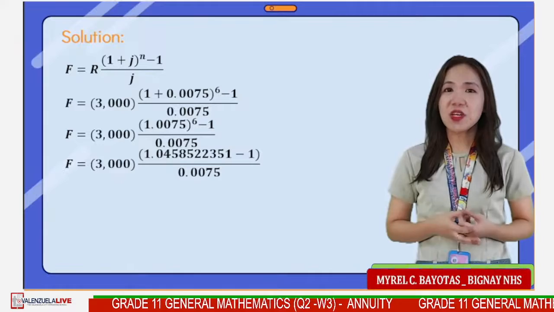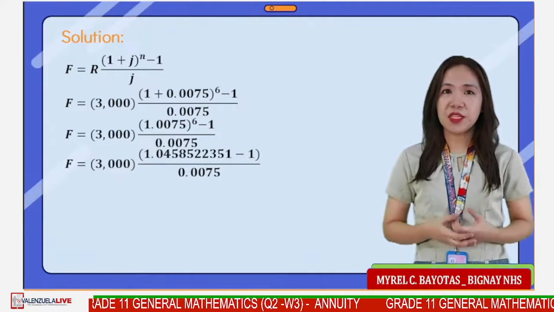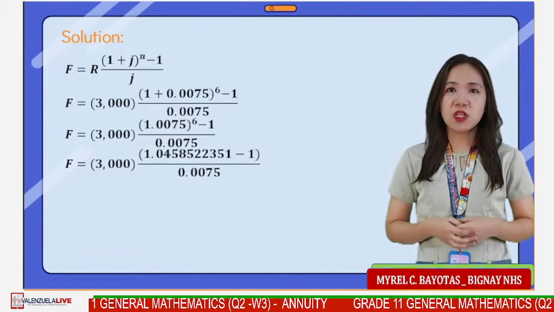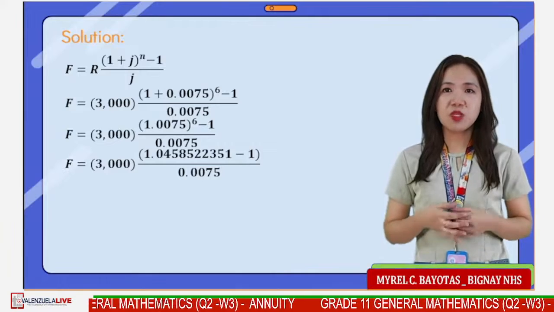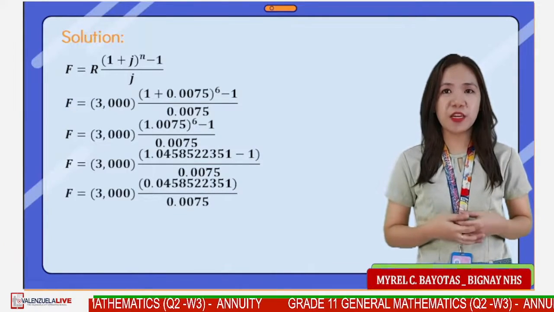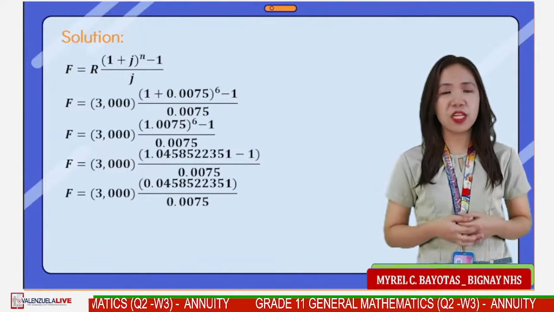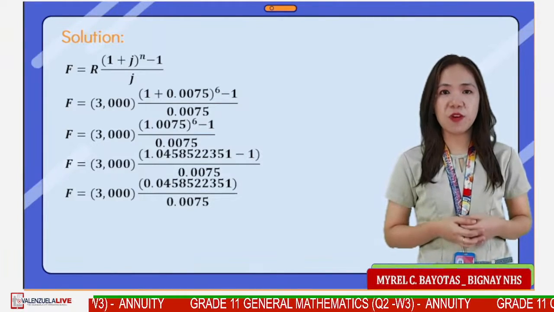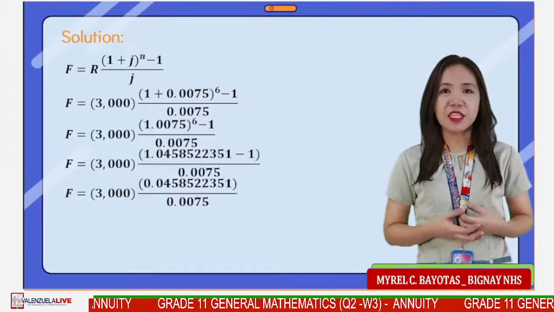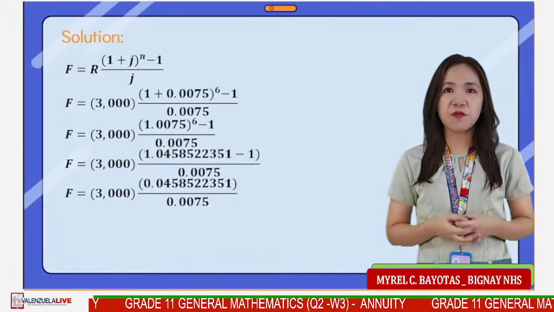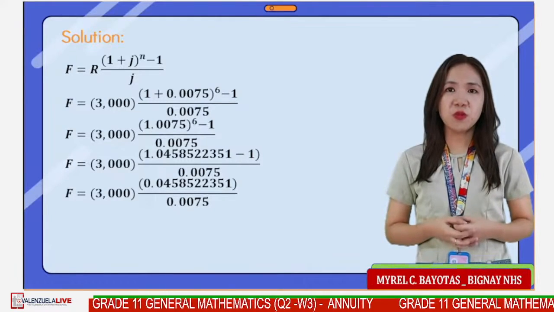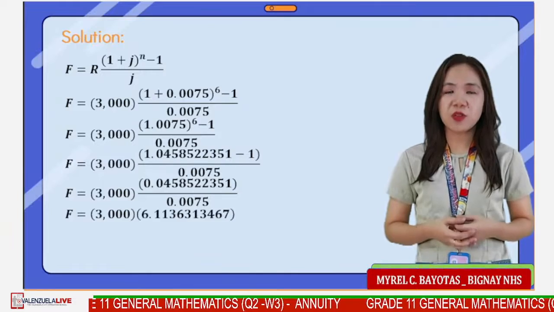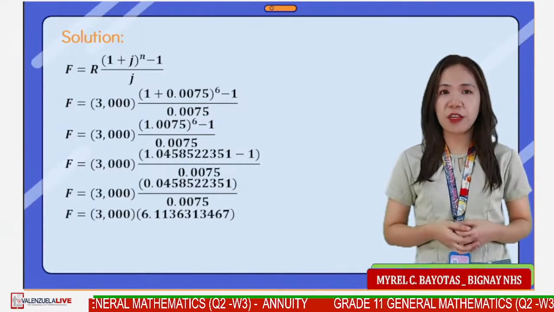Alright, next we subtract 1. That is, F equals 3,000 times 0.04585222351 divided by 0.0075. Then, divide 0.04585222351 by 0.0075.